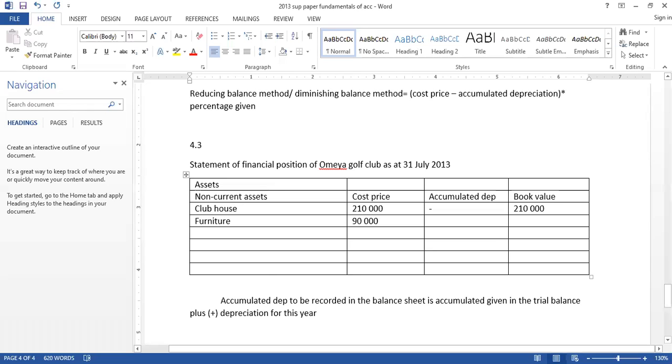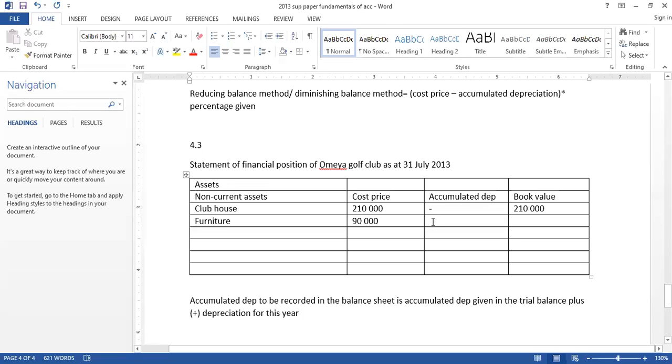Okay, so this simply means that the accumulated depreciation that you record in your statement of financial position is the accumulated depreciation given in the trial balance, and then you add your depreciation for this year.